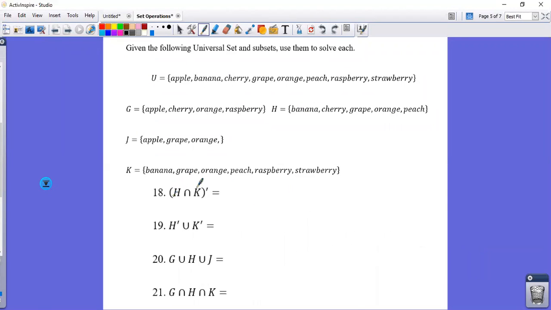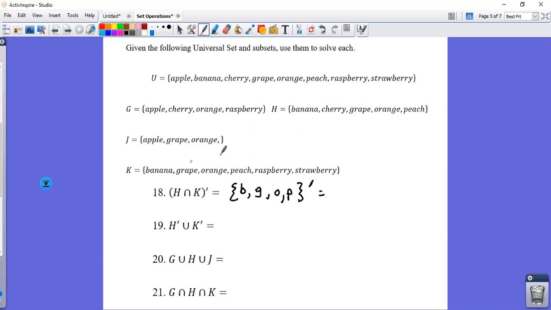All right, so H intersect K and then the complement. So first I'm going to intersect them and then do the complement. So H and K both have banana. They both have grape. They both have orange. And they both have peach. Right?